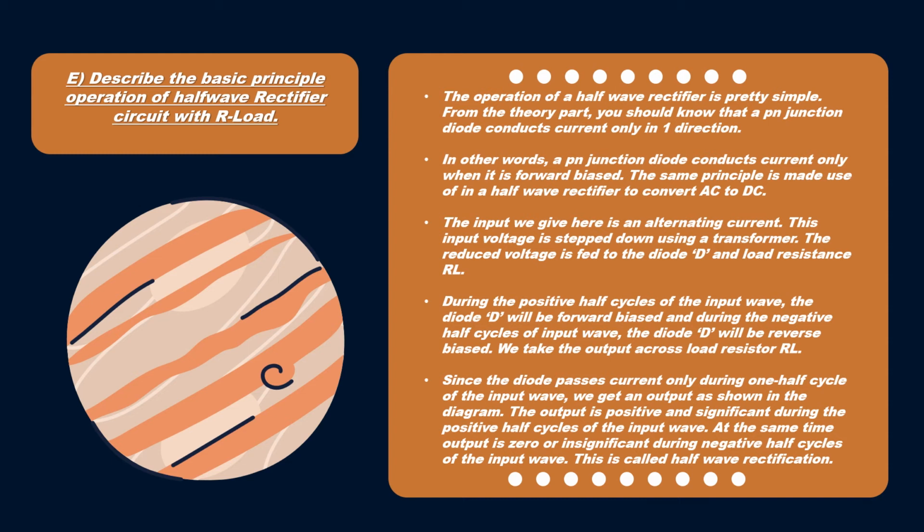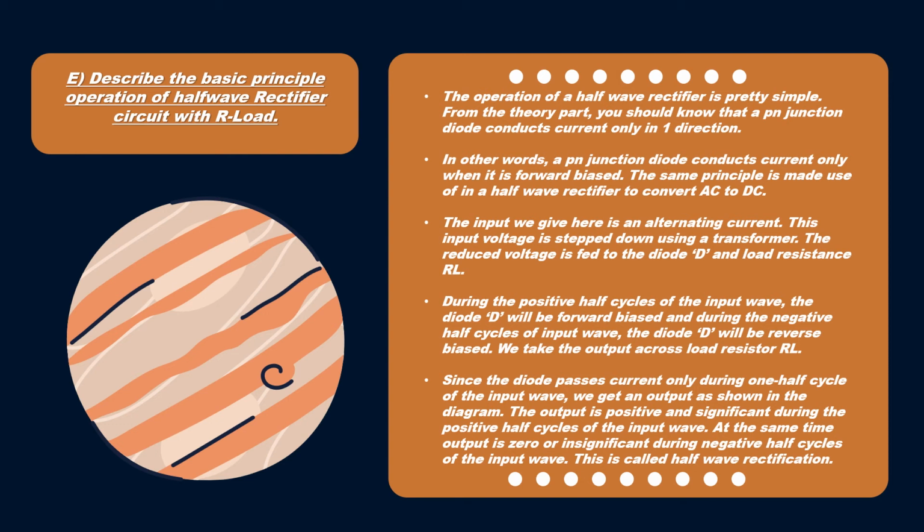The next point, the input we give here is an alternating current. This input voltage is stepped down using a transformer. The reduced voltage is fed to the diode, symbol D, and the load resistance RL. During the positive half cycle of the input wave, the diode D will be forward biased, and during the negative half cycle of the input wave, the diode will be reverse biased. We take the output across the load resistor.